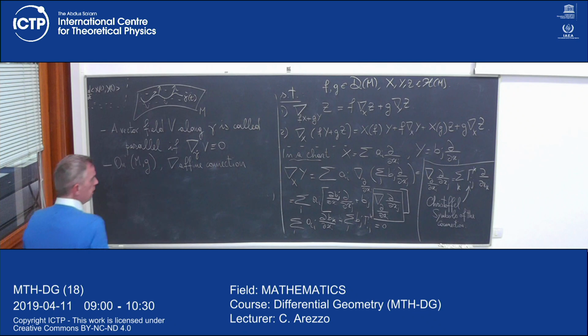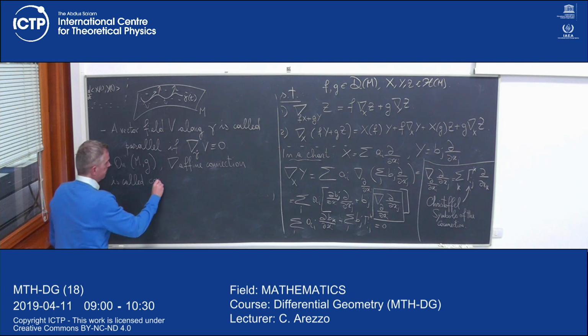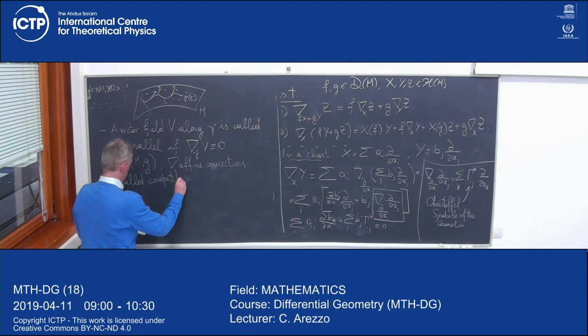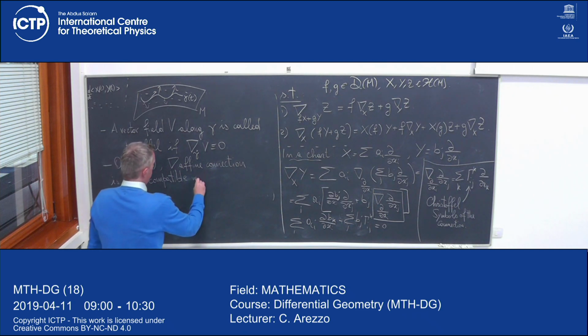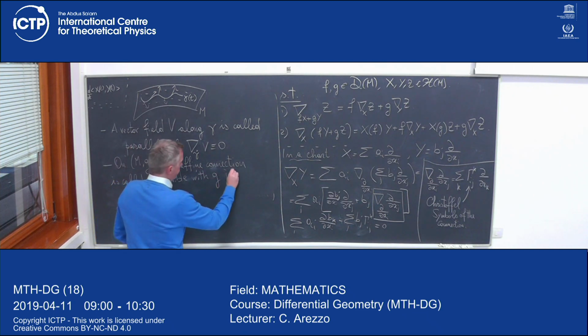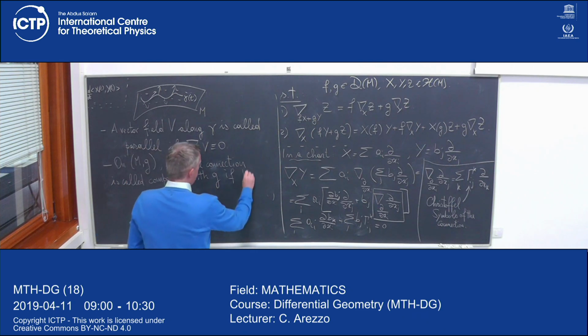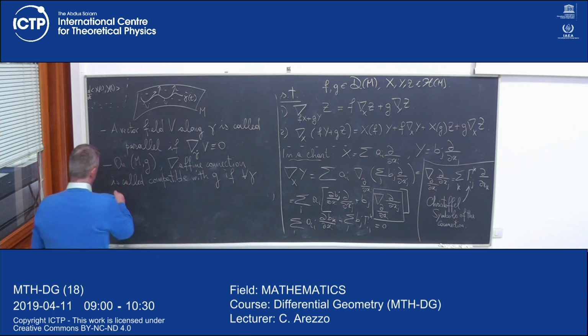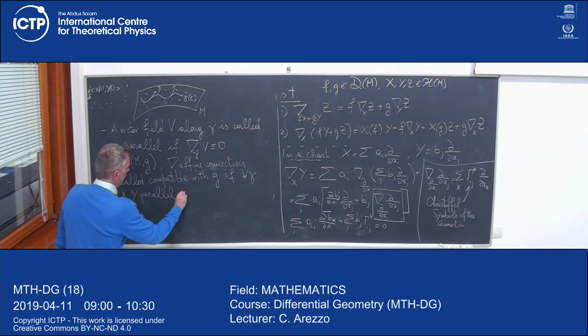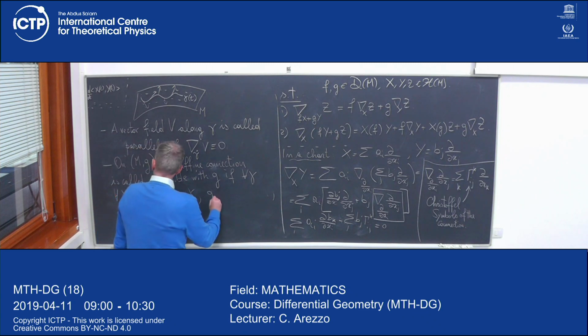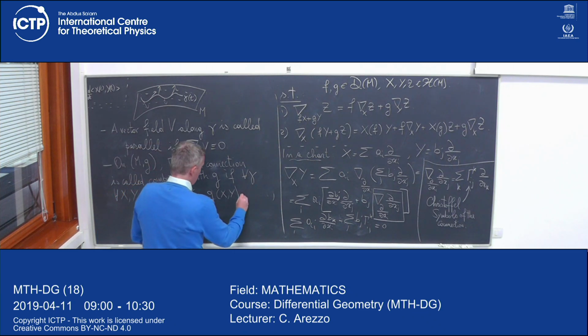So the most natural thing to ask is that an affine connection is called compatible with g if for any gamma and for any choice of parallel vector fields X and Y parallel on gamma, g of X, Y is constant.